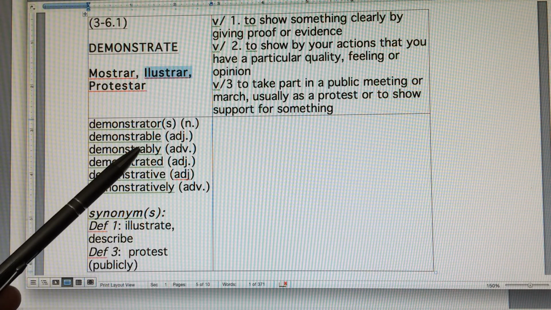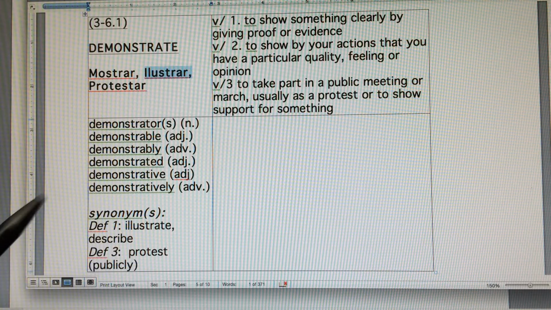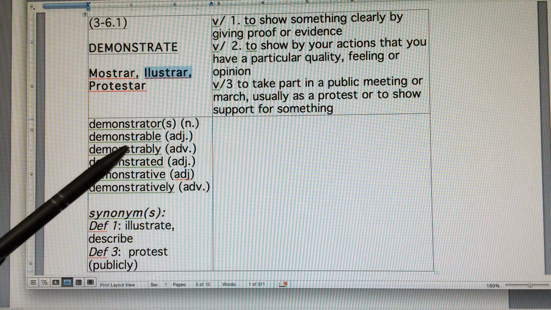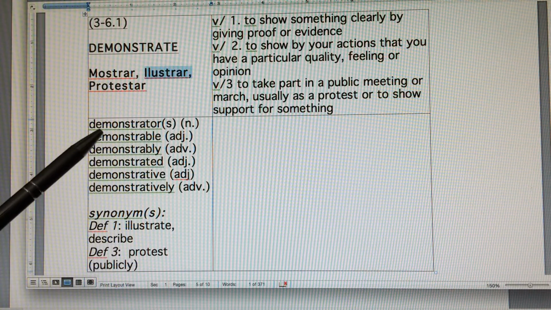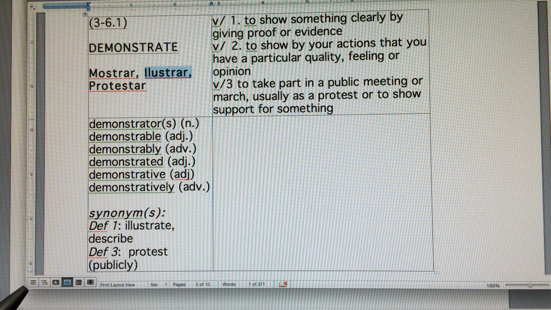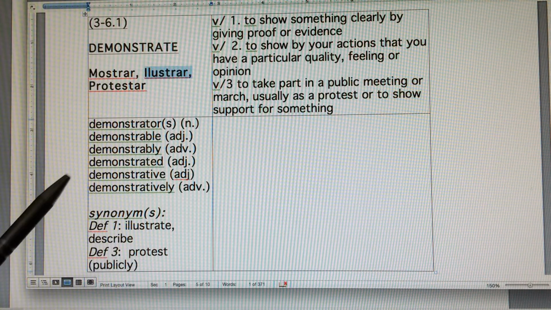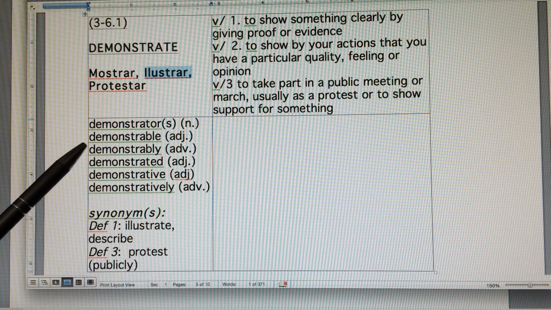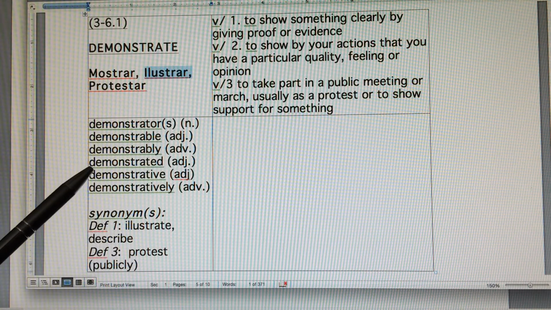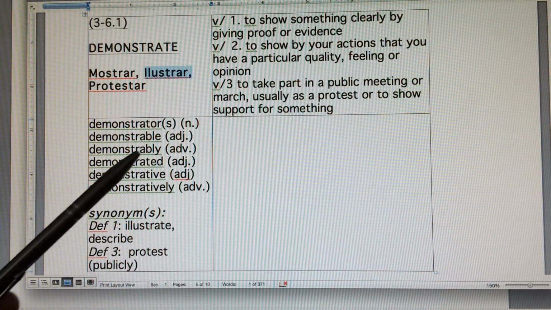The A changes from a hard A to a soft A. The emphasis now is on the second syllable, man. So you have demonstrate, demonstrator, demonstrable, demonstrably, and then your participles, demonstrated.